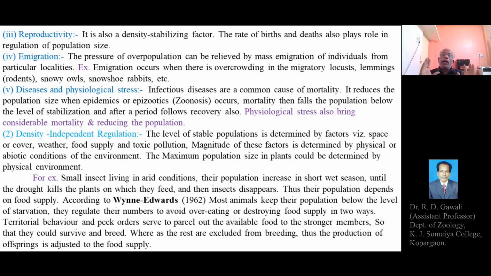Again this is a type of control on the population size, and it is because of a limited food supply. Whenever food is limited, some species control their population in these two ways, maintaining their numbers at a stable level.